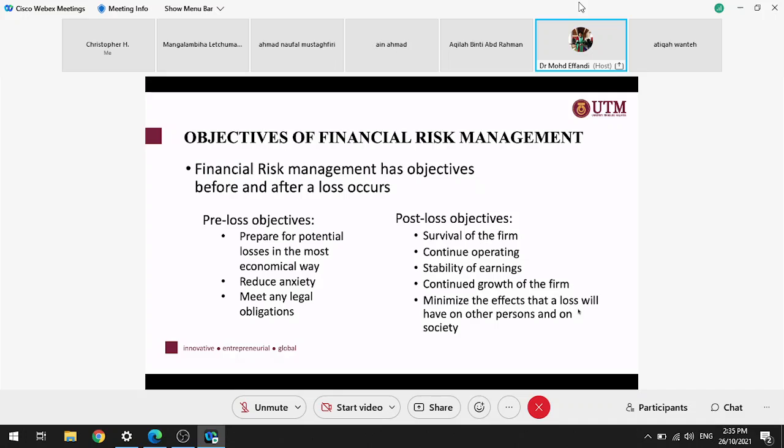Okay, so during that time, the NPL shot up, because people could not pay because they didn't have work, they didn't have jobs. So what the government did is that they created one SPV. They call it Danaharta. Danaharta is under the purview of the Ministry of Finance.